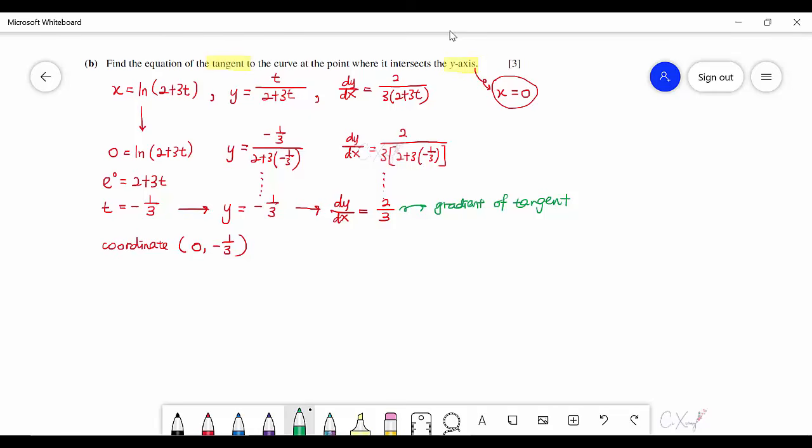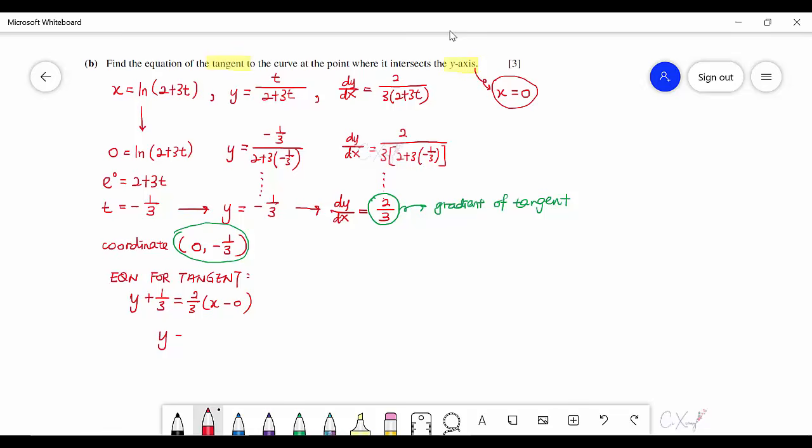All right, since you have the gradient of tangent already, and you also have the coordinate already, then to form the equation of tangent, you just apply the linear formula for the straight line. So equation for tangent. For me, I'm using y minus y1 equals m, m is the gradient, then x minus x1.